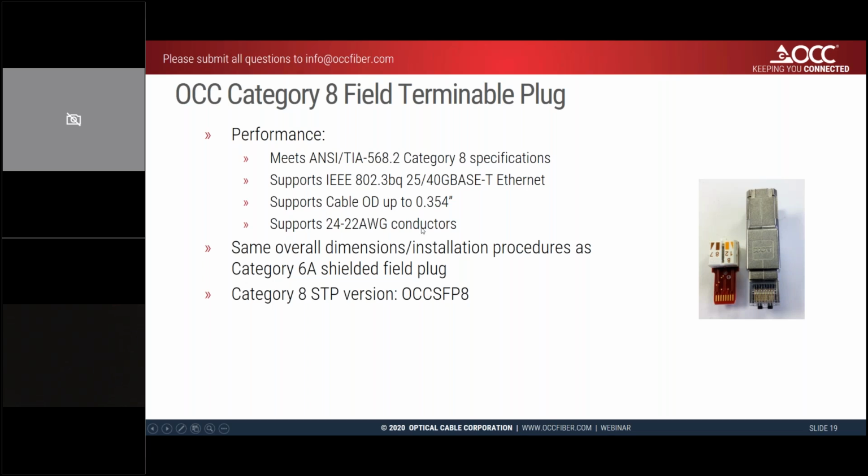Basically, this is the same kind of overall dimensions as a Category 6A shielded plug. The only difference is we've got some technology buried in there in the printed circuit board that belongs to OCC. And if you wanted a Category 8 version, you could order one from us. That's OCC SFP8.